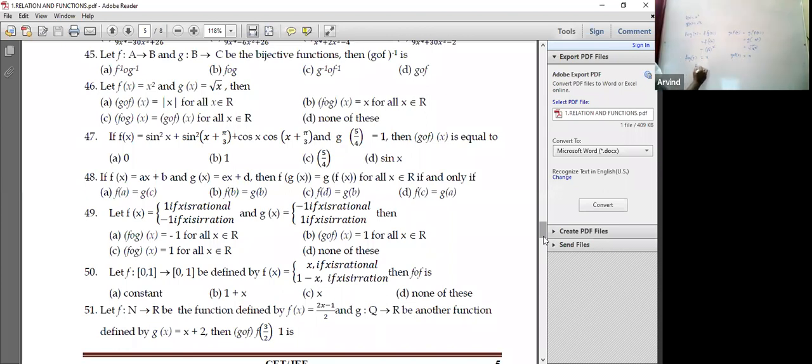So f circle g of x is equal to g circle f of x. So option C is the correct one. You can just pin my screen and look into it. So the correct option is option C. For all x belonging to R, both f circle g and g circle f are equal. That will be the correct option.